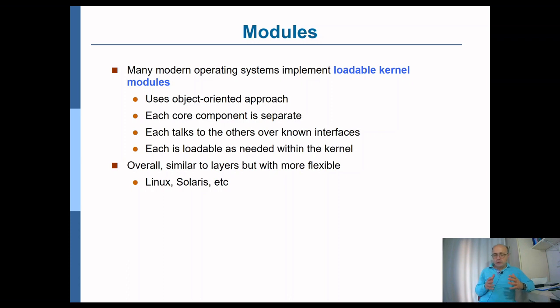You should always have the CPU scheduler. You should have the basic I/O operations. But anything that could be optional, we would like to make separate modules that can be loaded only when necessary.